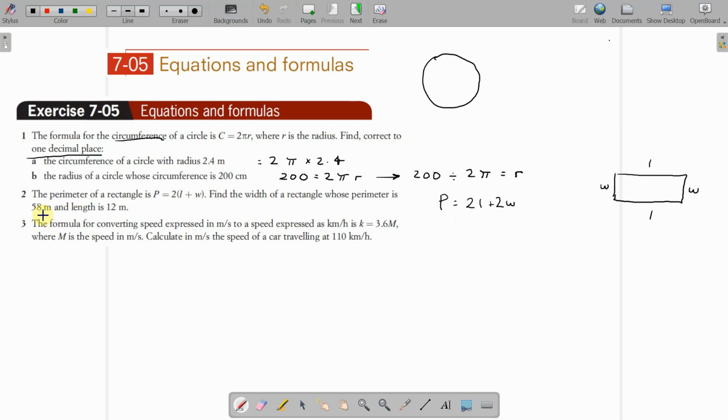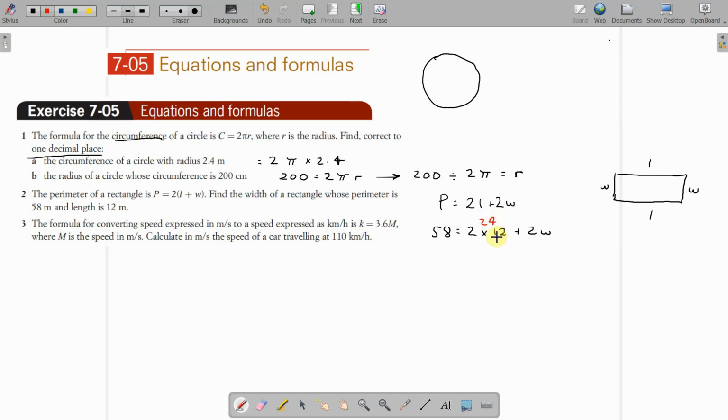So let's see. We've got the perimeter is 58. So 58 equals, the length is 12, so 2 times 12, because that's the length, plus 2 times whatever W is. Okay, so 2 times 12 is 24.